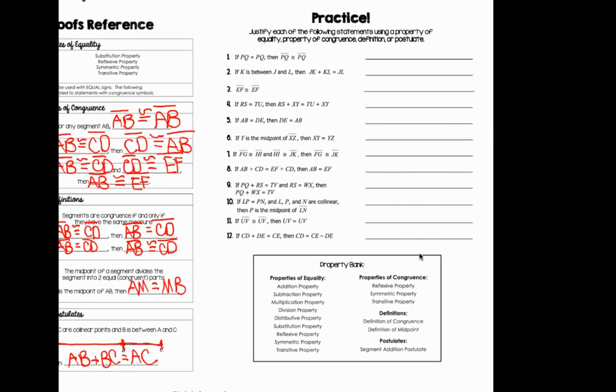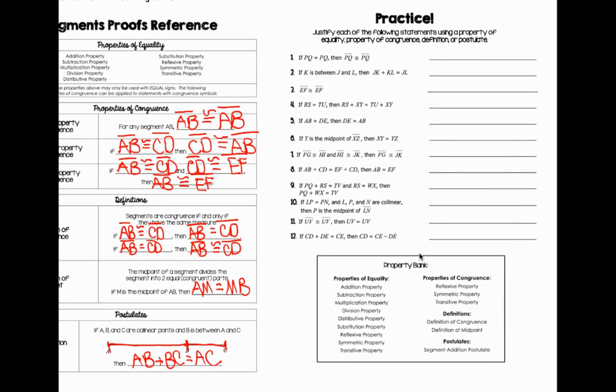Okay, so then a little bit of practice with this. So I'll do this with you since a lot of these are new. So if PQ equals PQ, then PQ is congruent to PQ. So that is your definition of congruence.